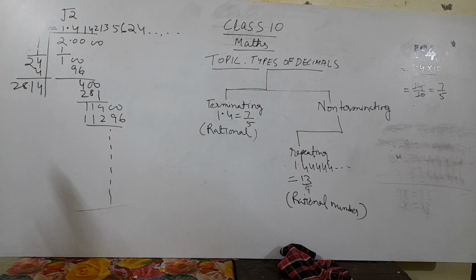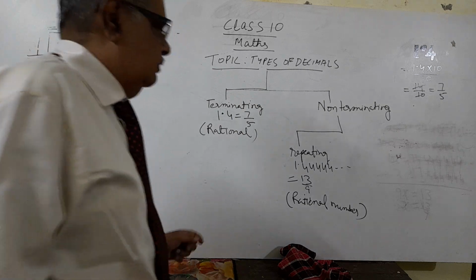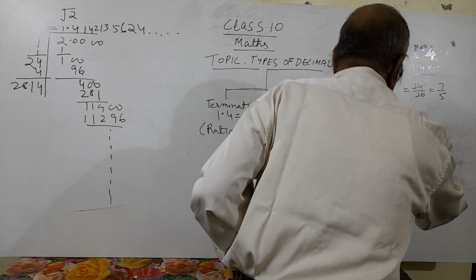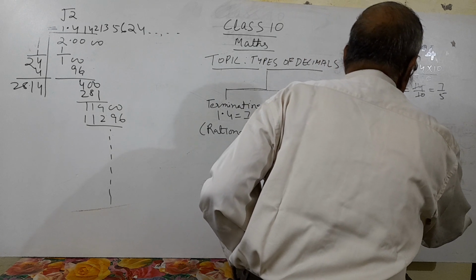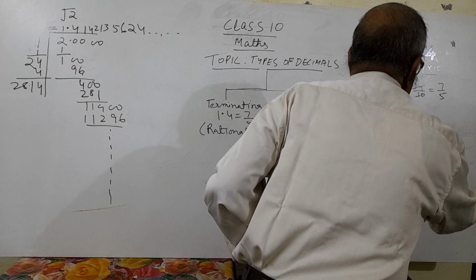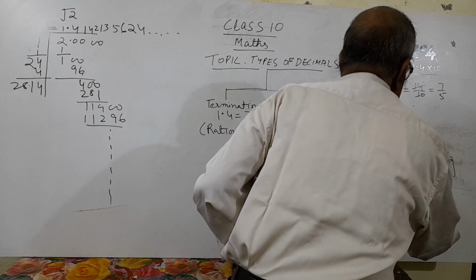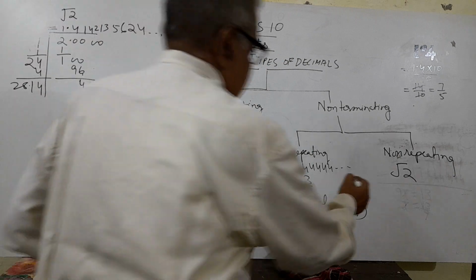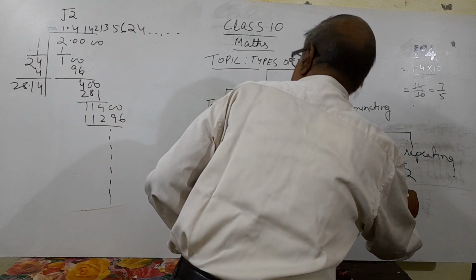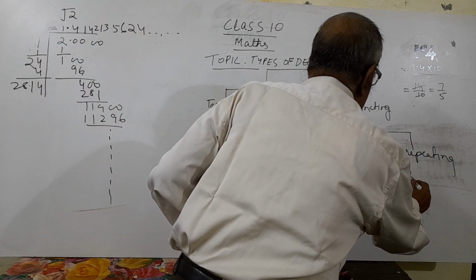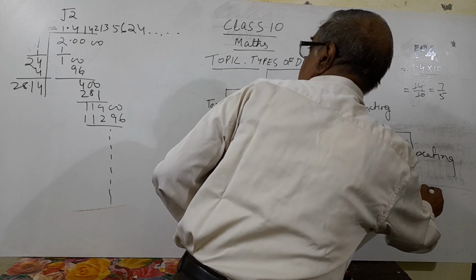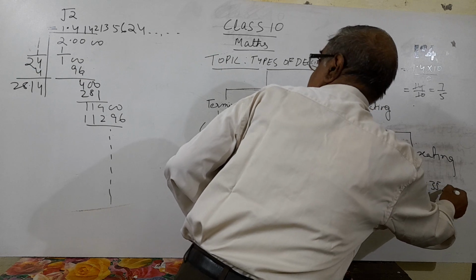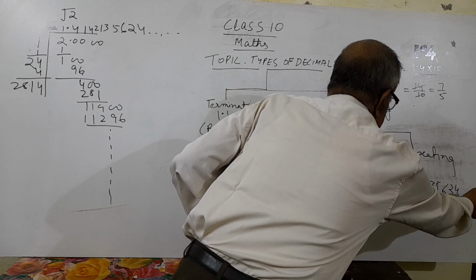So what we discover here, a very interesting thing, is that a non-terminating decimal can be of another type, that is non-repeating. The example of non-repeating is under root 2, which we have just seen, coming out to be 1.414, 1, 3, 5, 6, 2, 4, and so on.